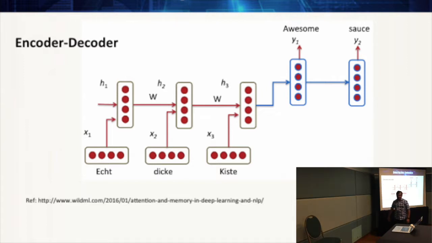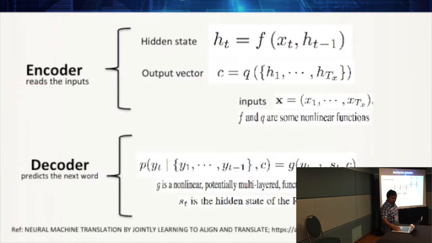So let me show the equation again. The probability of yt based on all the previous outputs and the context vector of the encoder is a function of the previous output, the hidden state of the decoder, and the context vector of the encoder, which is the hidden state of the encoder.